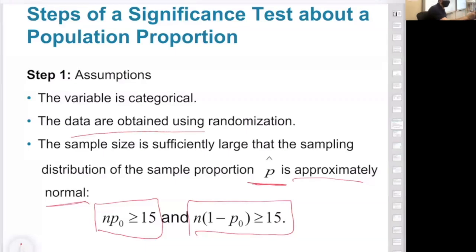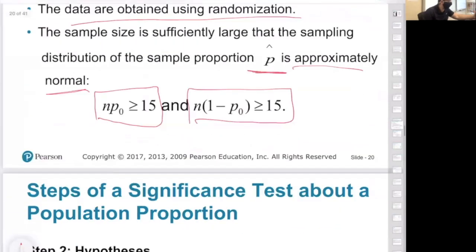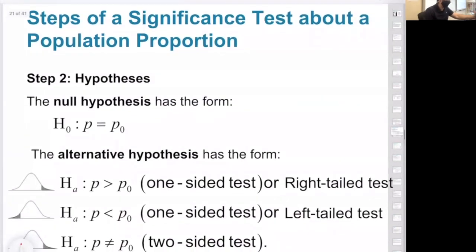The data are obtained using randomization, which means you have a random sample. And if the sample is large enough, you can have a normal distribution or apply the central limit theorem. So you have to check these steps. And then, as I said, I will talk about the steps first and then the calculations.